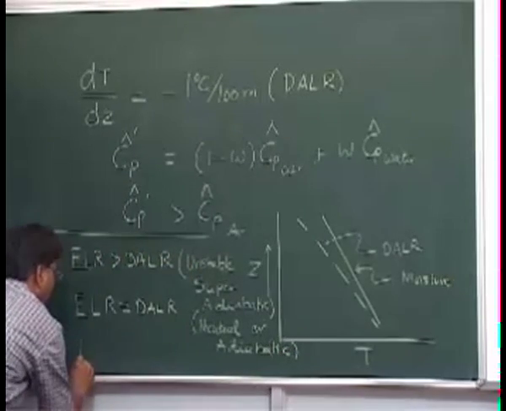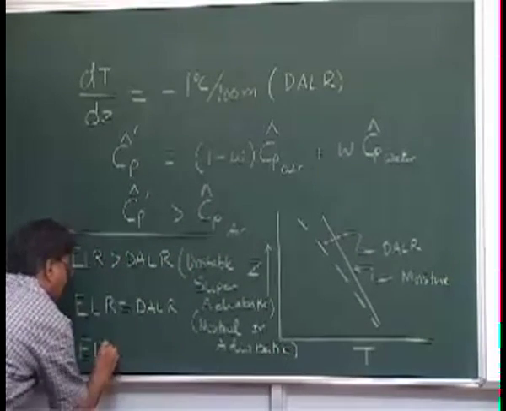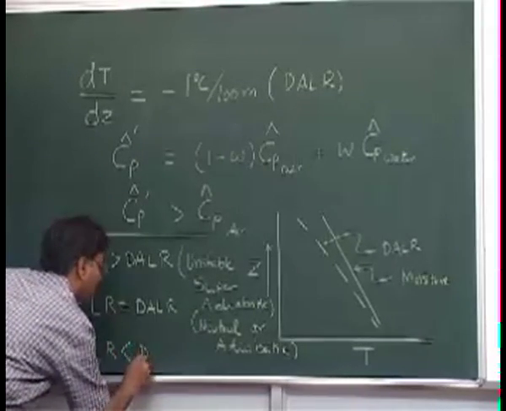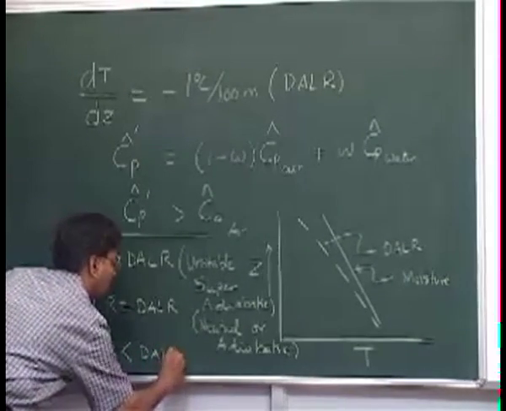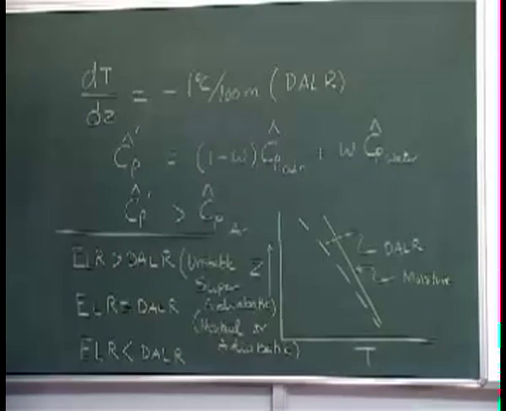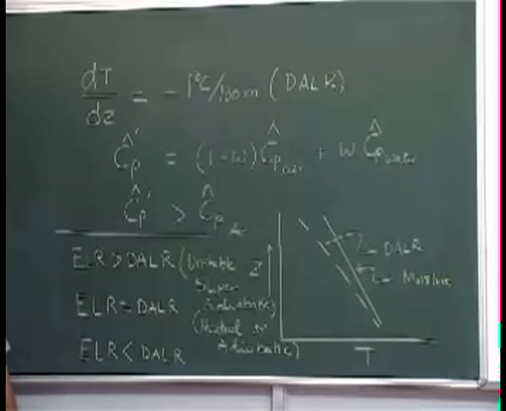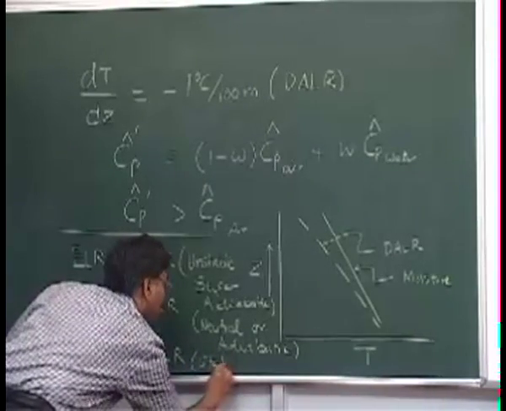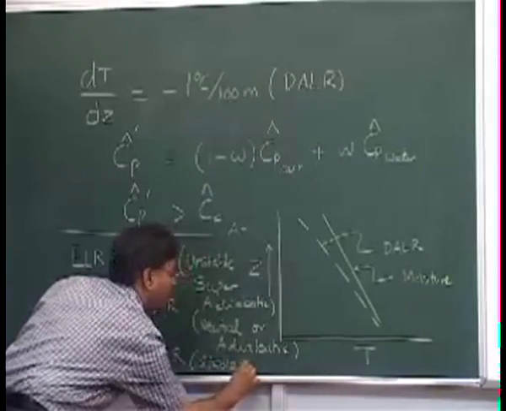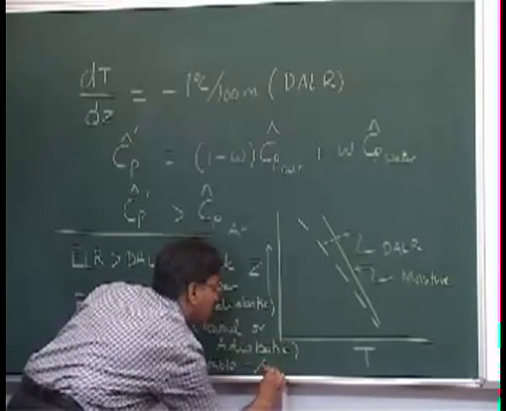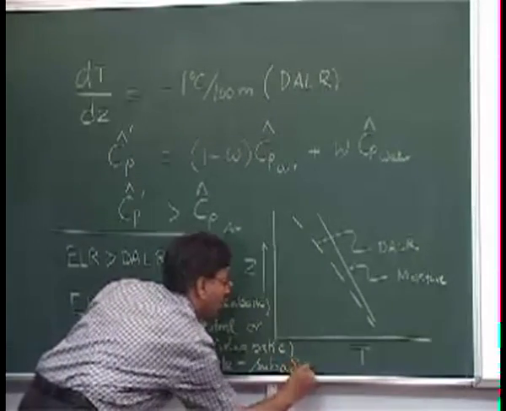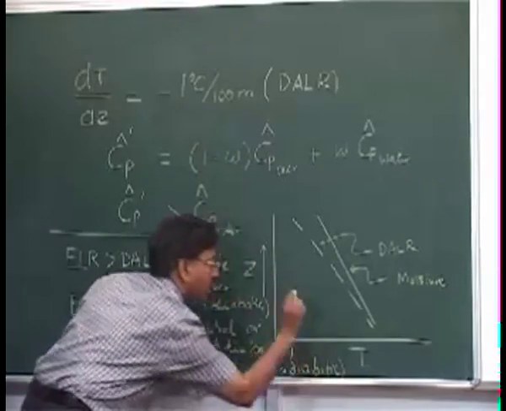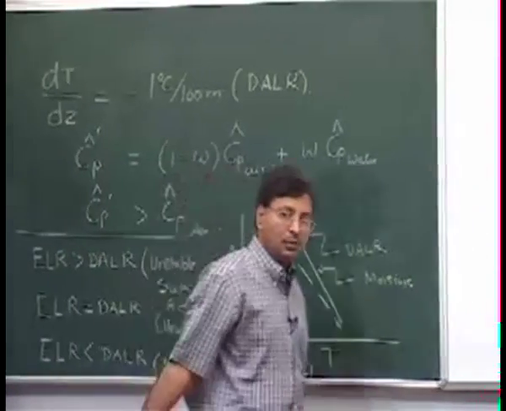The third situation, where ELR is less than DALR, we call stable or subadiabatic. So this is what we did.